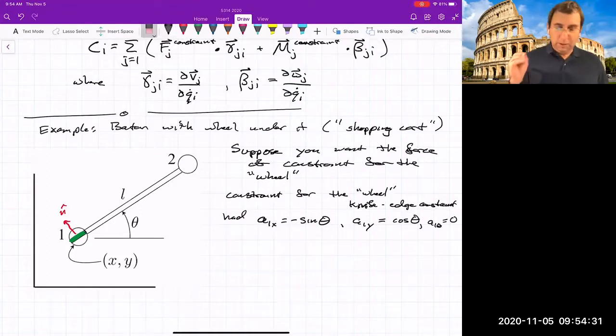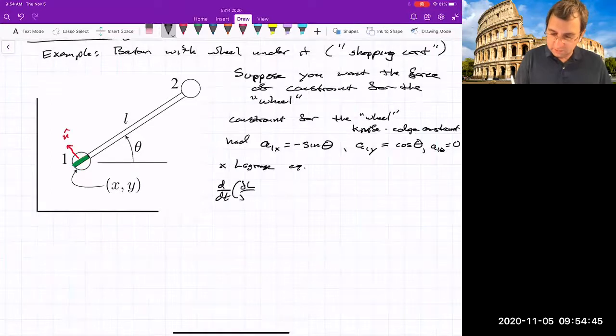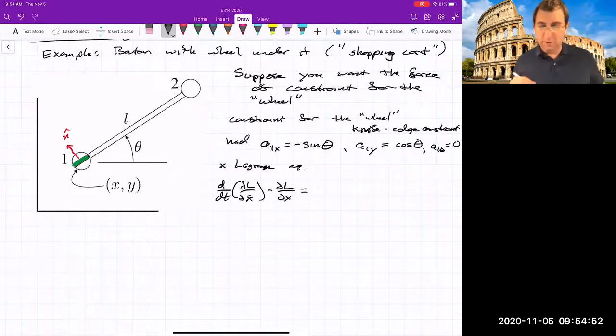So if we were to write the x Lagrange equation, what would we have? d/dt of partial L partial x dot minus partial L partial x equals, and there's no non-conservative force, so all there is is the force of constraint on the right-hand side.